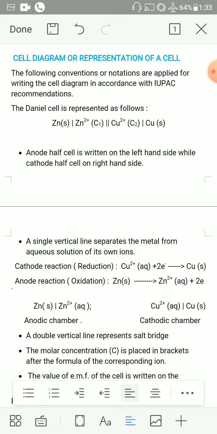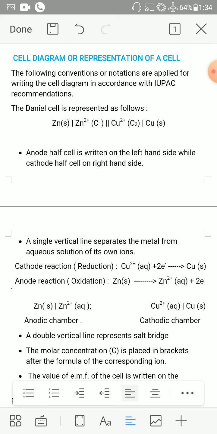For example, the Daniell cell can be represented like this: Zn(s) | Zn2+(C1), where C1 is the concentration of Zn2+ in the solution. Then two vertical lines represent the salt bridge, which connects the two solutions, zinc sulfate solution and copper sulfate solution, taken in different beakers.